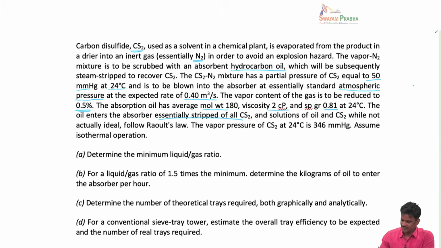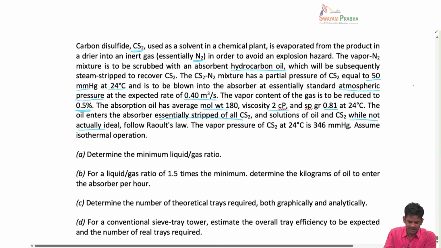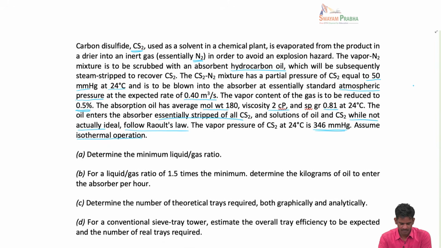Okay. So this sentence is not really important for us, but we can say that this follows Raoult's law, and the vapor pressure of CS2 at 24 degrees Celsius is given, and then assume the operation to be isothermal.